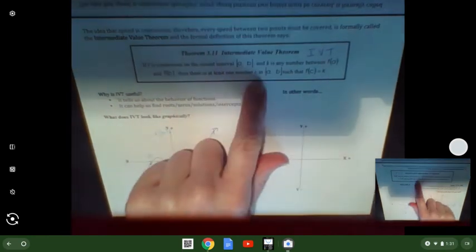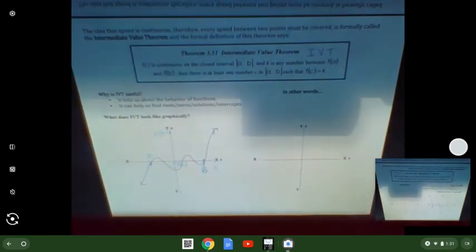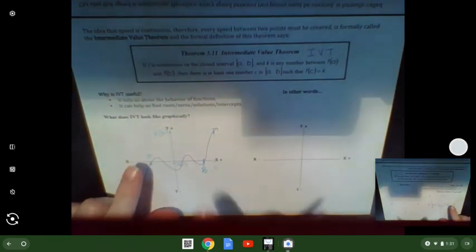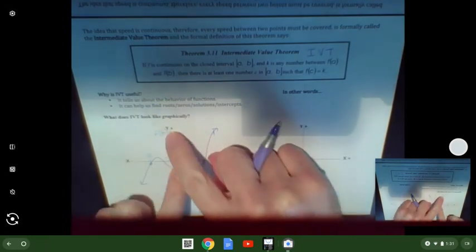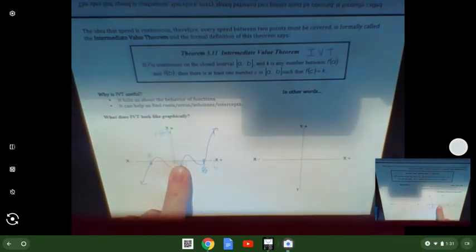So what this says, using just the symbols that are up here, is if I'm continuous between A and B, and here are the y values that go with those x values of A and B, then there is guaranteed to be a number, and they happen to call it C in the definition of IVT.